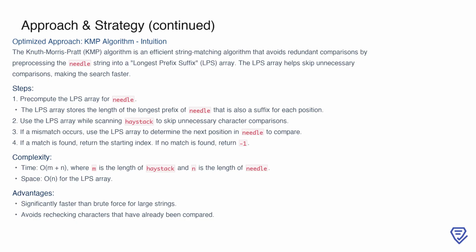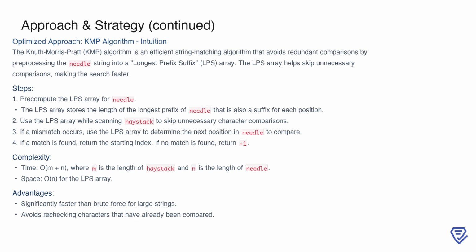The process involves two main steps. First, we pre-compute the LPS array for the needle. Then, as we scan through haystack, we use the LPS array to decide where to continue matching after a mismatch. If a match is found, we return the starting index, otherwise, we return -1.